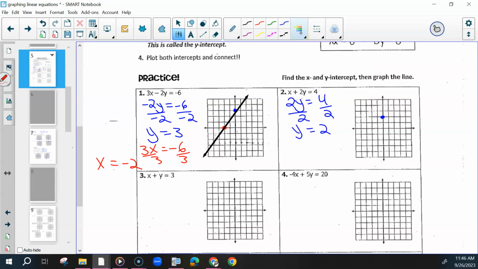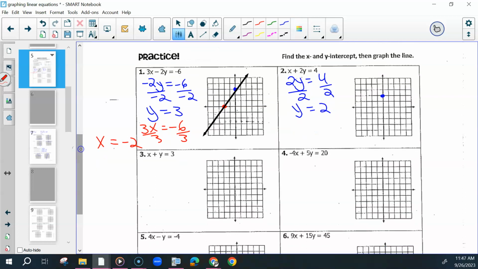Okay, now let's do the same thing for x. If we were solving for x and we covered up the y term, what's left? 1x. Just x, and then the equals 4. So if you get something like this, you do not need to solve. This is your x-intercept. It gave you that.